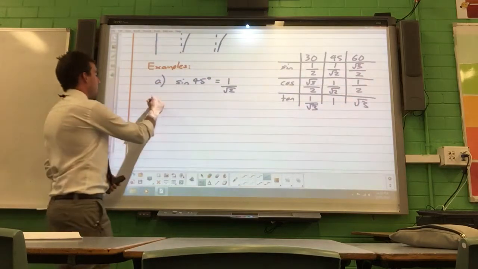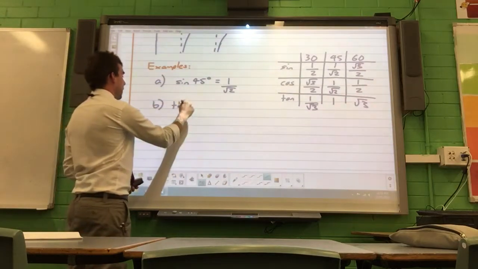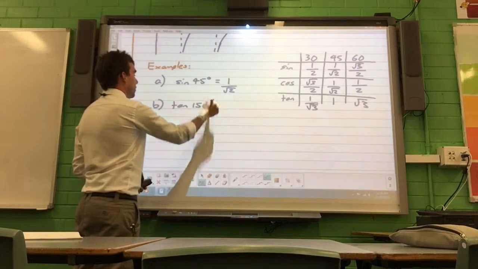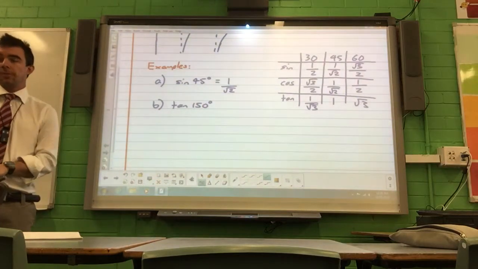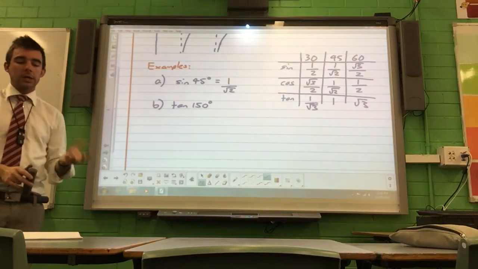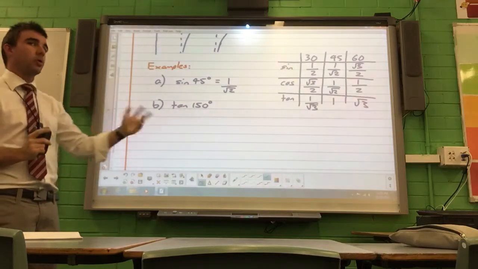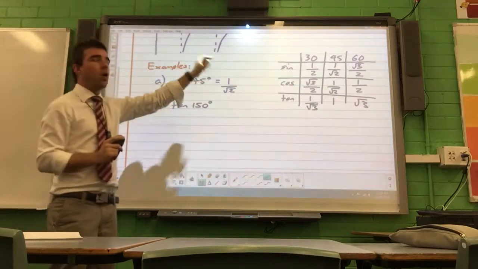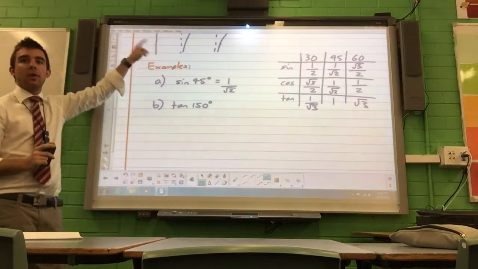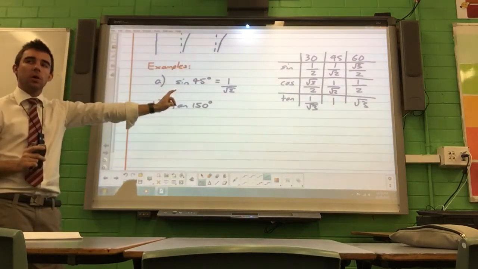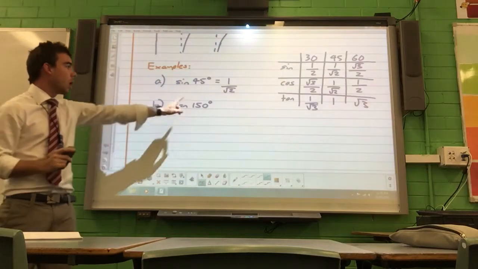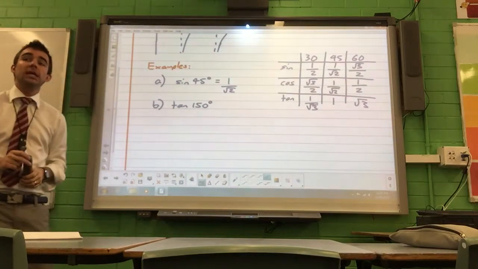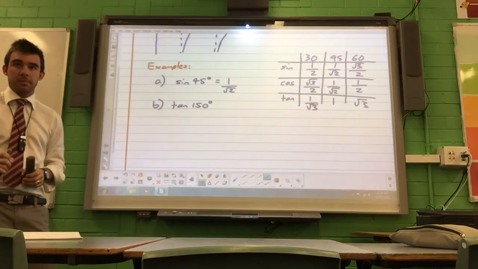Right, the second one, B, tan of 150 degrees. We need to write down the exact value of this. Like I said, if you understood the process of getting where the ratio is positive in each quadrant, this will make the work much easier. An angle of 150 degrees is in which quadrant? Second.